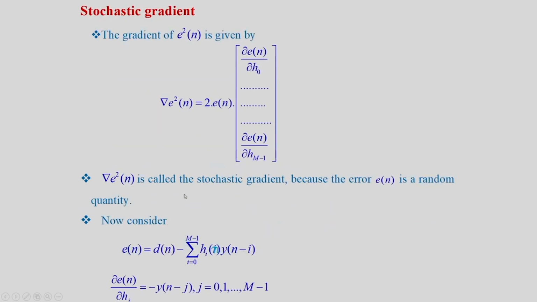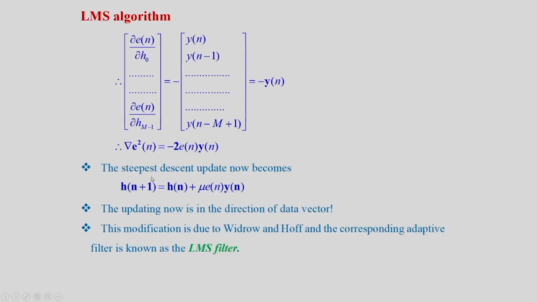From this relationship, the gradient of E squared n is equal to 2 times En into this partial derivative vector. So, from that we get that the gradient of E squared n is equal to minus 2 times En into yn.